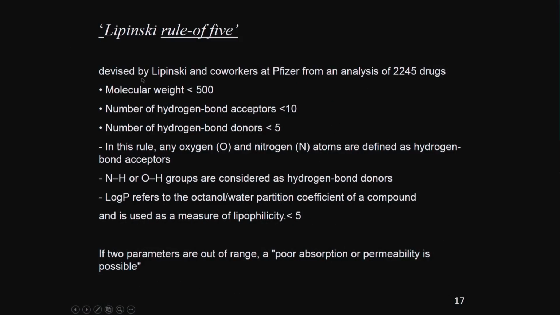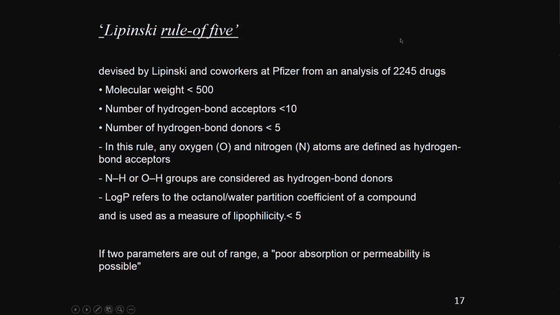The very well studied, well understood one is called Lipinski's rule of 5. Lipinski and his co-workers at Pfizer looked at a large number of drugs, that is drugs which were accepted by the FDA and passed the FDA.